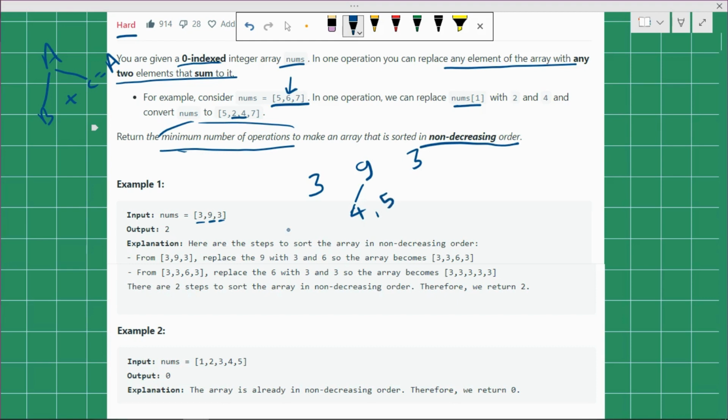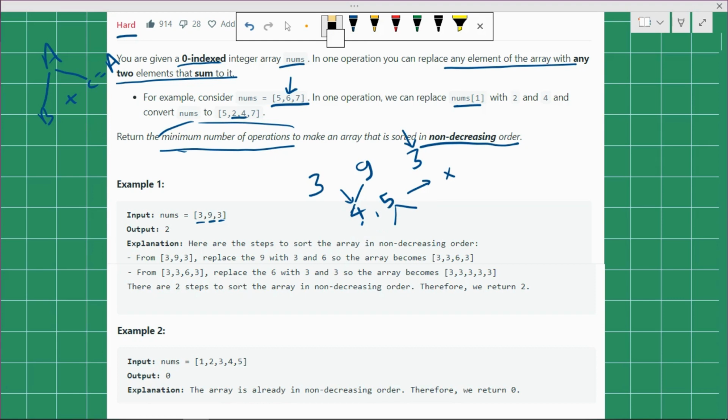This is an invalid operation. How? Because this is already 4 and we can only break elements, that means this 3 can never be greater than 4 or 5, and we are required to break into more chunks then. So going like this we cannot solve it.